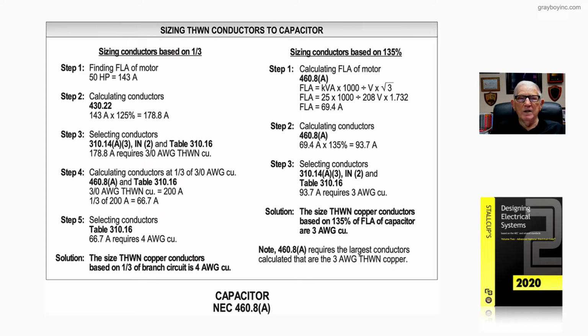So table 310.16, from calculating the load in step 2, the 178.8 would require a 3/0 conductor, THWN, which is the insulation on the conductor that we're using, copper, would be 3/0.